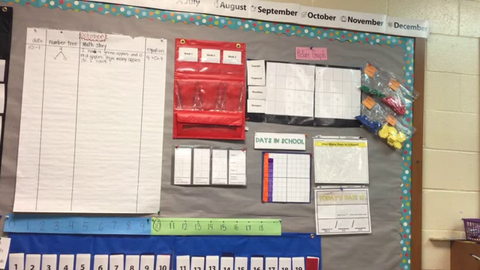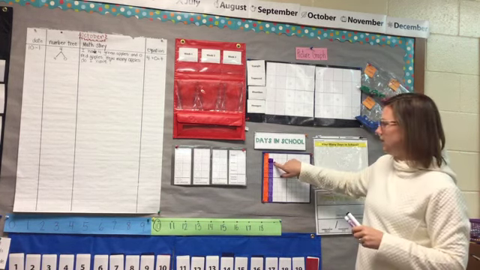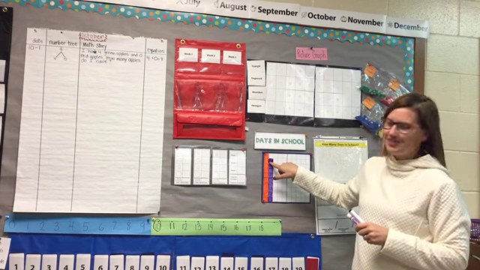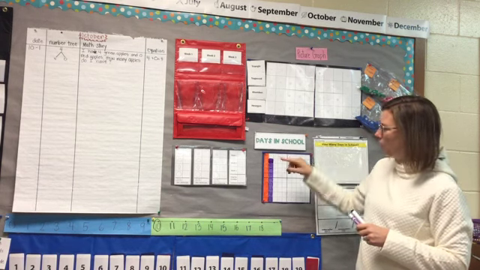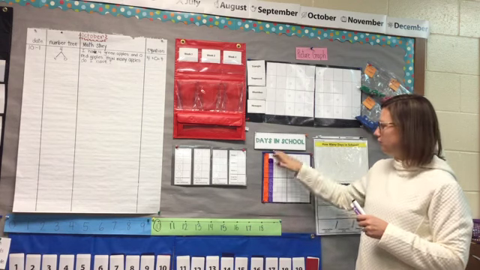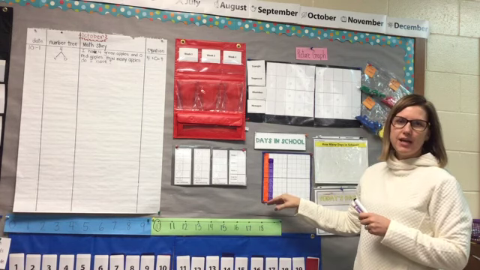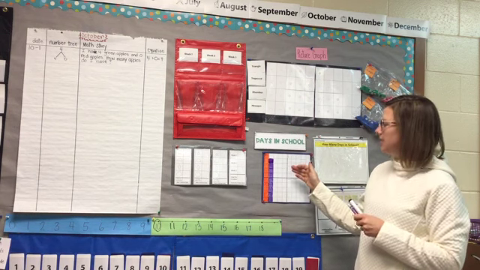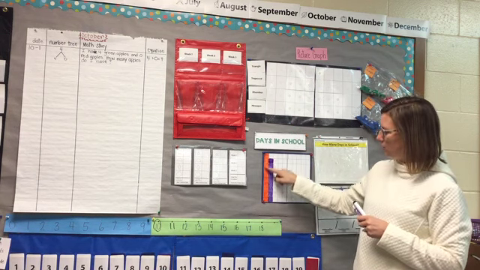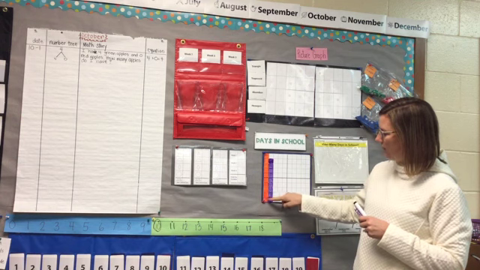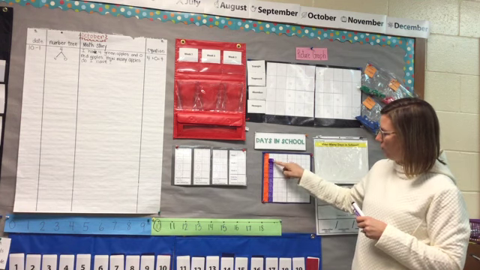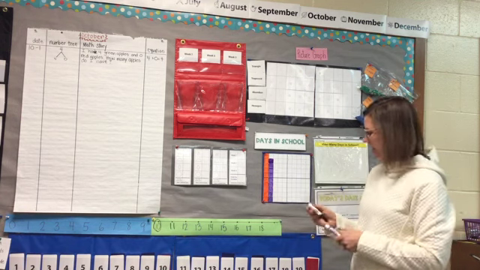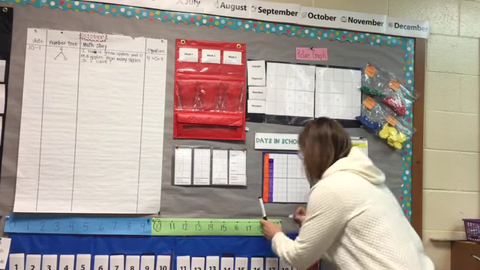Okay, so I just colored in another day in school. So you can see we have one more left, and then we have 2 full groups of 10, so we'll have 20. So one less than 20 is 19. So we've been in school for 19 days. We have 10, 5, and 4, so that's 9. So 19 days we've been in school.